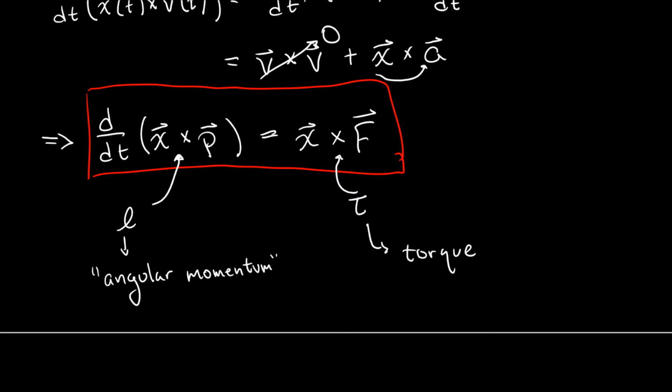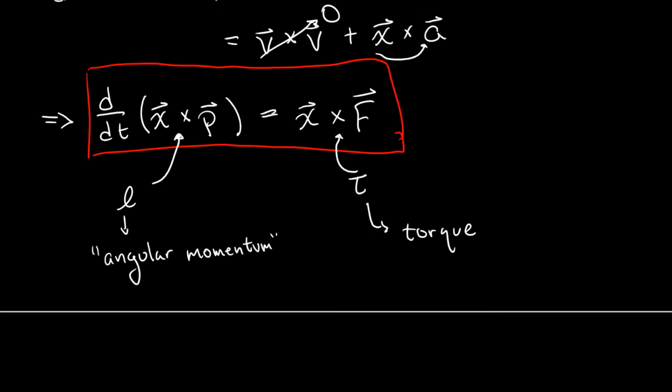So in particular, we care about two cases. The two-dimensional case and the three-dimensional case. That's really all we're ever going to be dealing with. So in 2D, this is just going to be some scalar. The cross product is going to be a scalar.